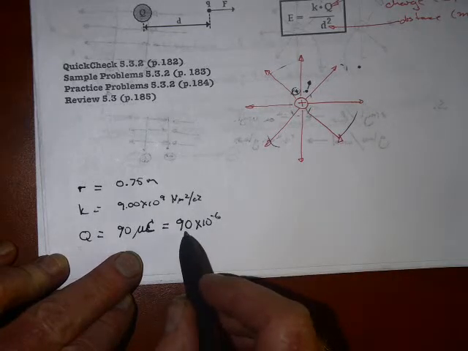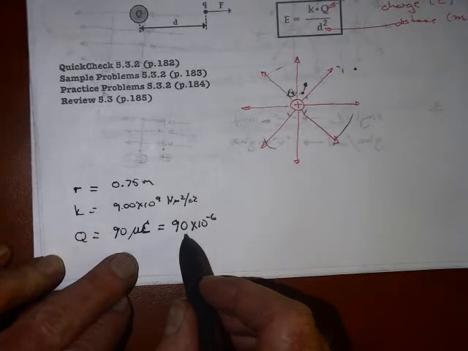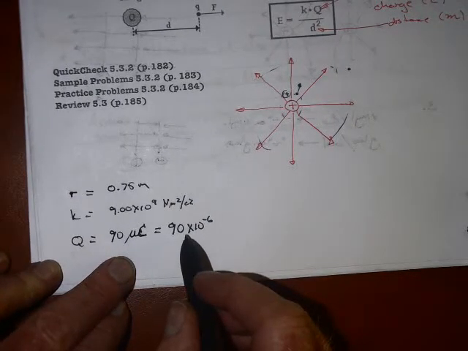Really, it's the same as 9 times 10 to the minus 5, but you know me, I make mistakes easy.